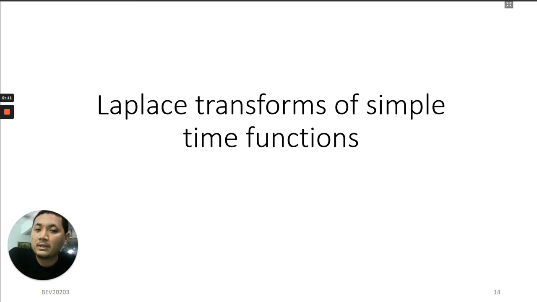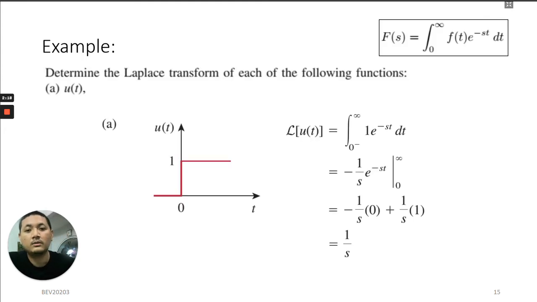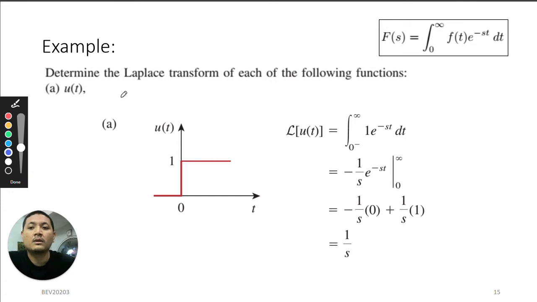So let's look at the Laplace transform of simple time functions. We have one example here. Determine the Laplace transform of each of the following functions. The first one is u(t).